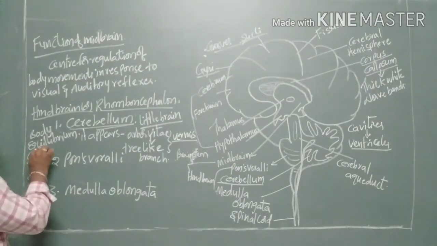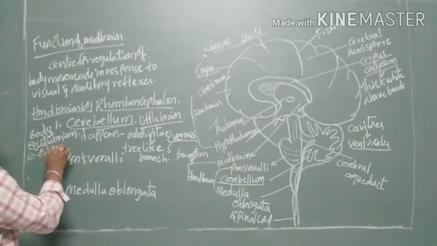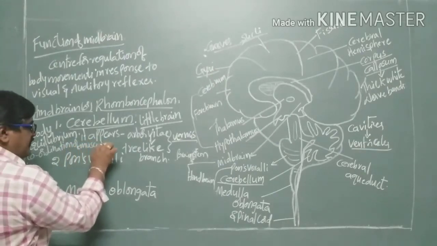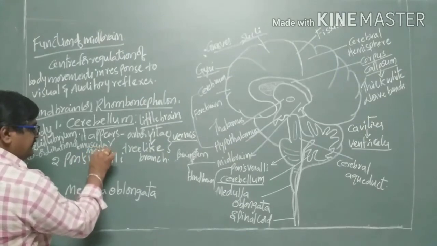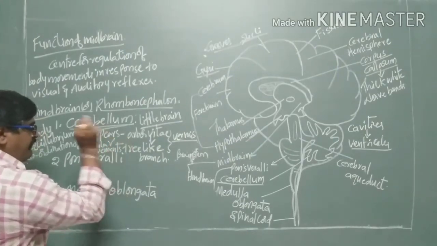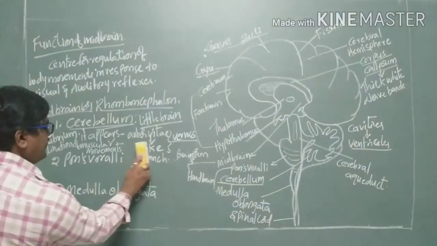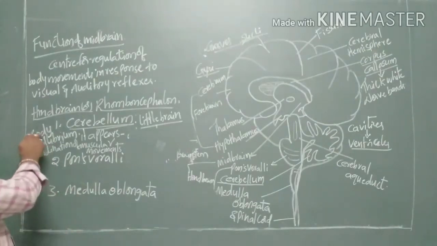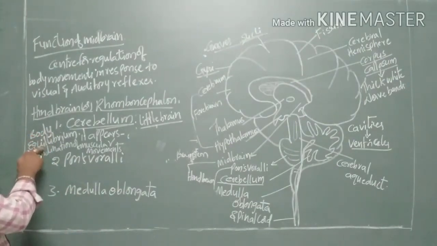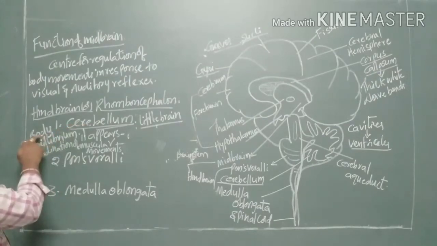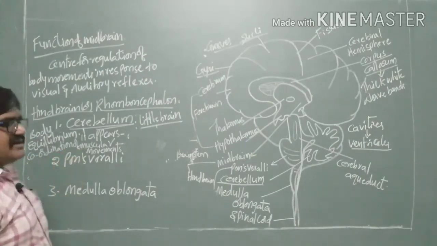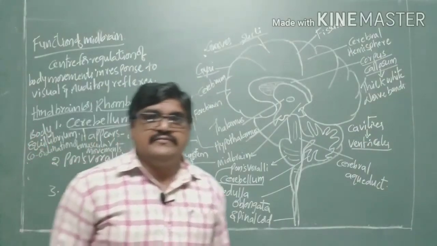So there are two main functions: it maintains body equilibrium, and it is responsible for the coordination of the muscular movements that take place under the control of equilibrium.